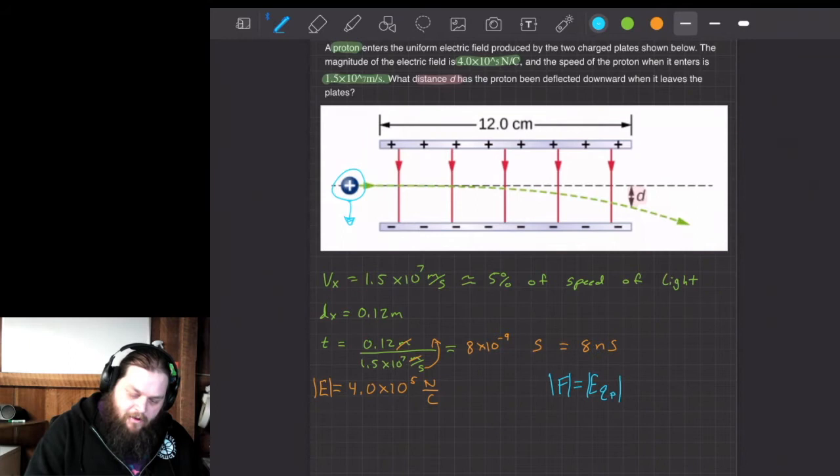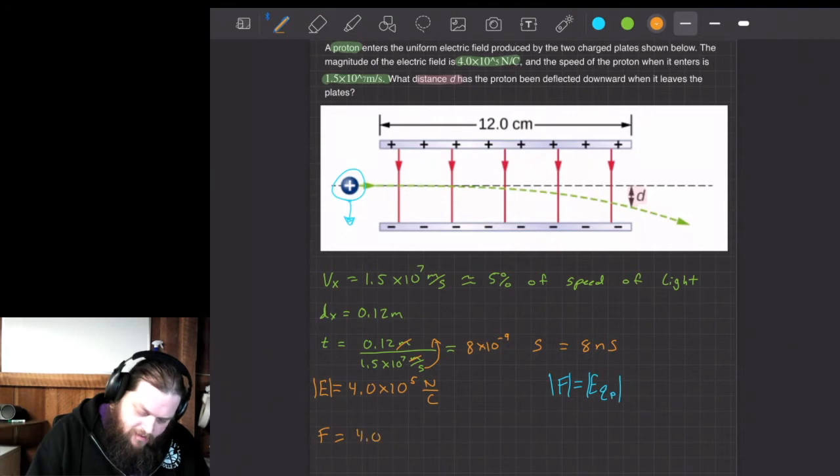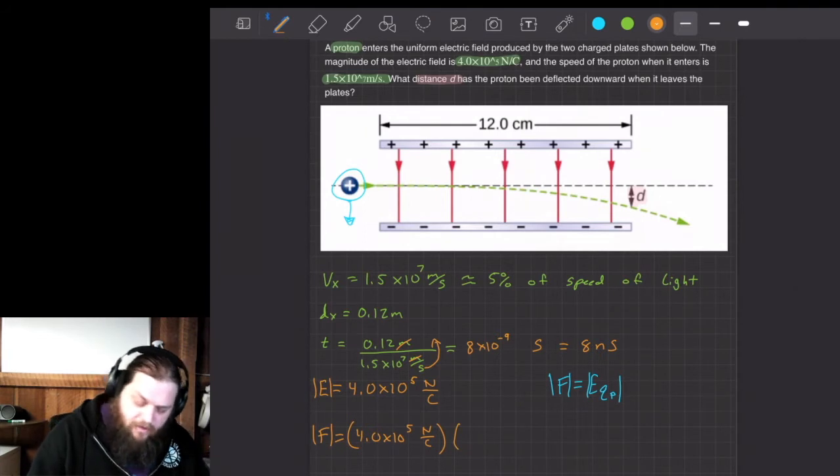So we can figure out the force here. The force is going to be equal to 4.0 times 10 to the 5th newtons per coulomb, this is the magnitude of the force, times the charge of an electron. The charge of a proton is the same as the charge of an electron, so that's 1.6 times 10 to the negative 19 coulombs.